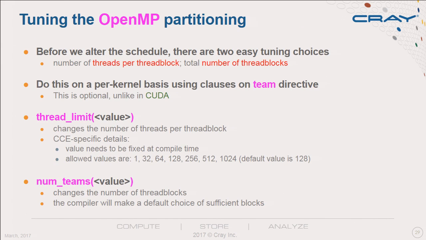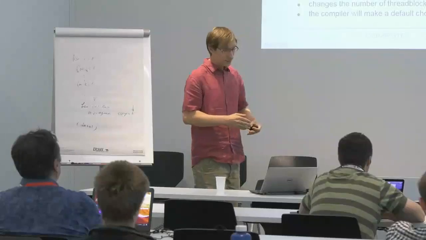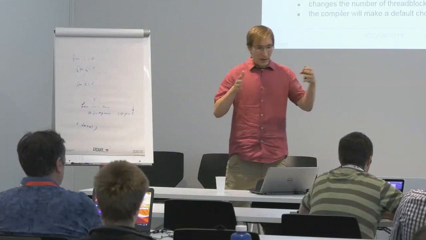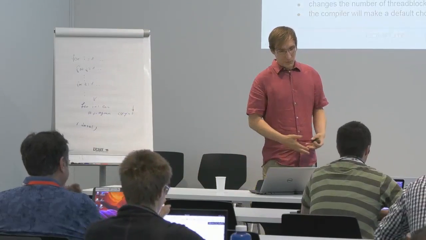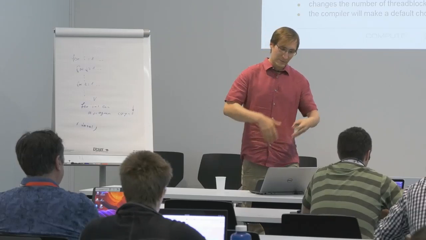You mentioned that with the thread sizes, and in OpenMP we can also tune that, so we can really adjust the number of thread blocks we want to use and also the number of threads within the thread block.